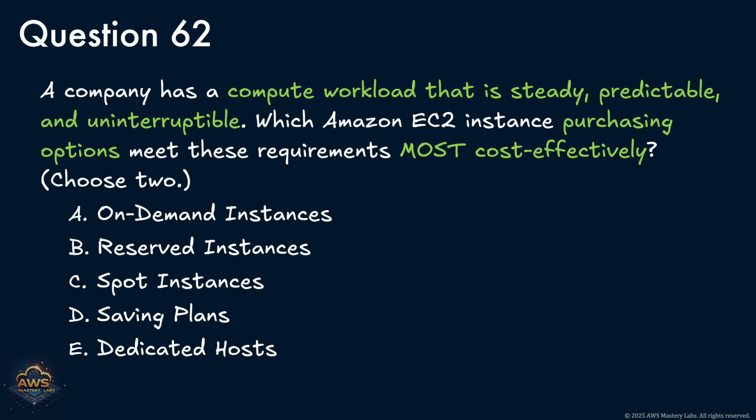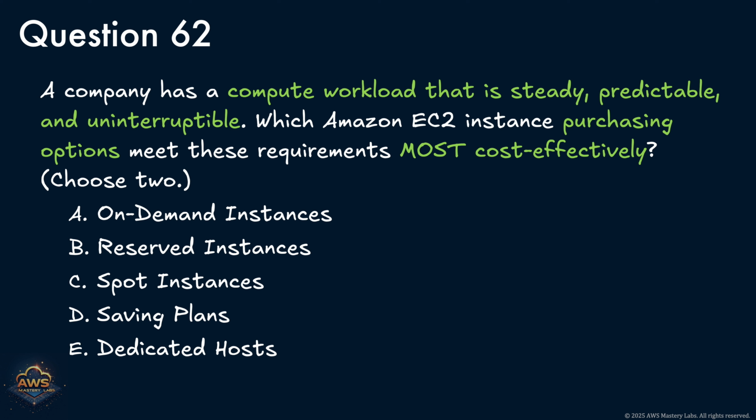The phrasing of the question offers several clear signals that point toward specific purchasing strategies for Amazon EC2. When a workload is described as steady, it implies that the compute resources are needed continuously or for extended durations. The word predictable suggests that usage patterns are known ahead of time, meaning capacity planning can be done confidently without surprises.